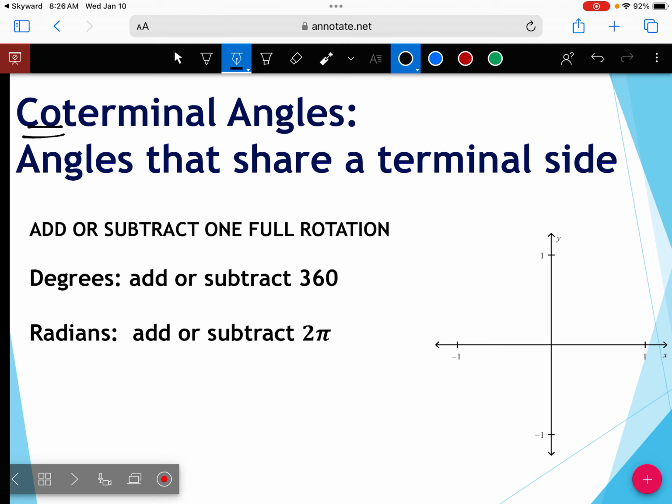So you can have an angle that has the exact same terminal side with a different measure.